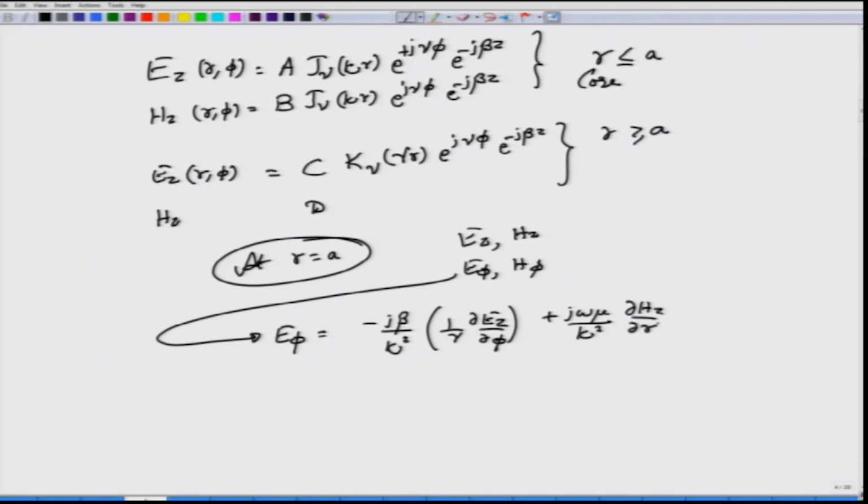So, clearly if you know both Ez and Hz, you can use the equation for E phi. Similarly, you can obtain an equation for H phi. These are all coming from step 2. I am hoping that you have done that exercise, so that you are not seeing these equations for the first time. You must have seen these equations earlier as well because of the exercise that you have solved.